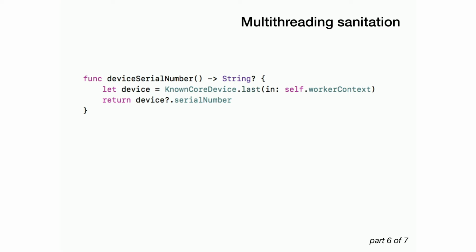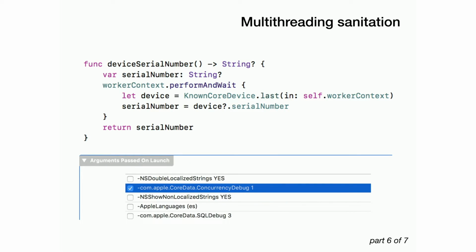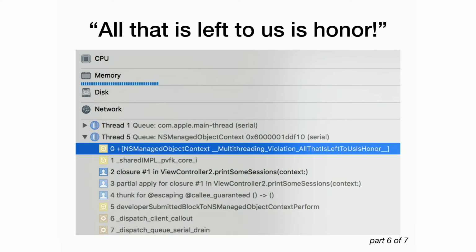So this piece of code should be converted to this one. With this small change, we can now be sure that everything works as expected. Luckily, Xcode can help you with that. If you switch on this flag in your project settings, your project will crash every time you access an NSManagedObject from the wrong thread with such a nice message. So if you're familiar with this crash, you'll know what's happening, and it's easy to fix.